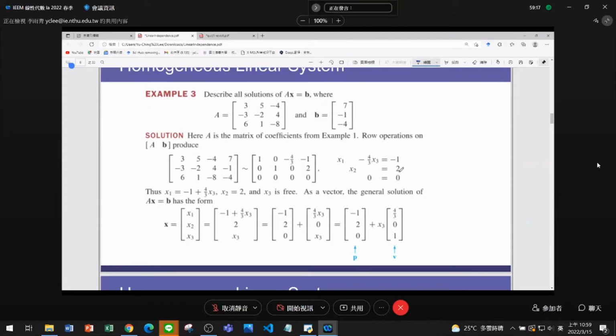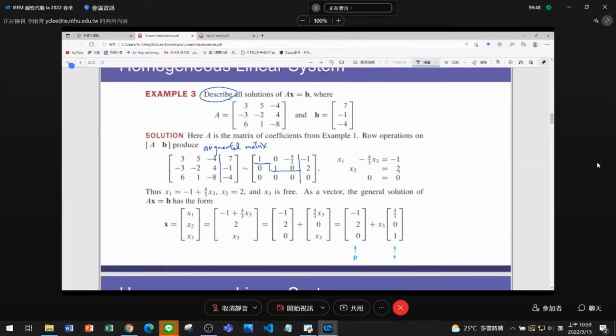We are being asked to describe all solutions of AX equals B. So we form the augmented matrix, and then do the forward row reduction, and obtain the echelon form in this way.